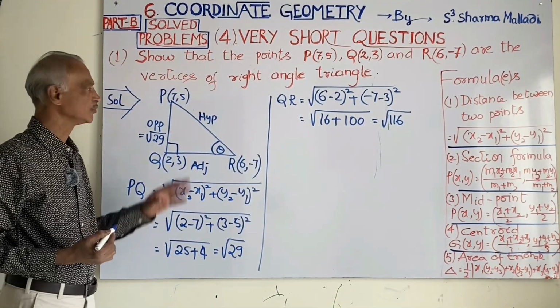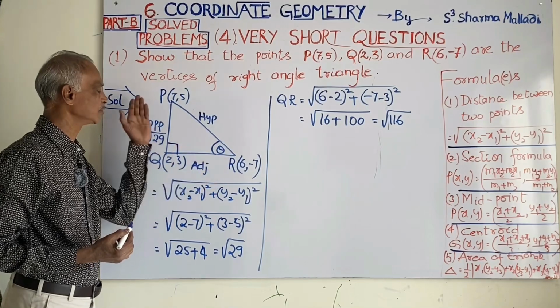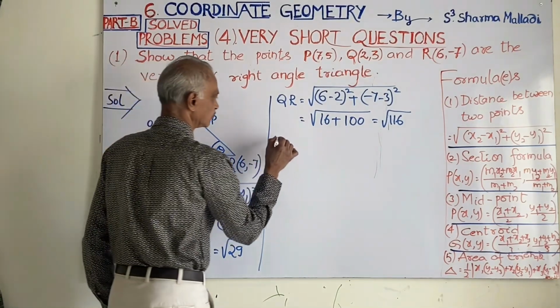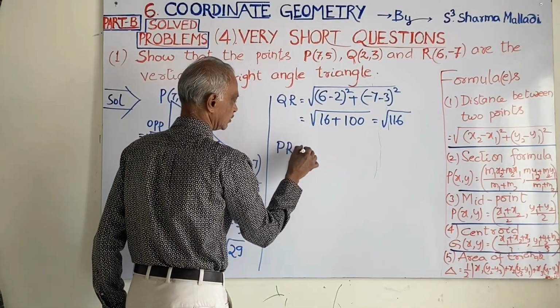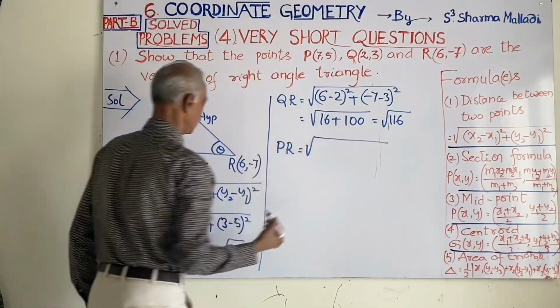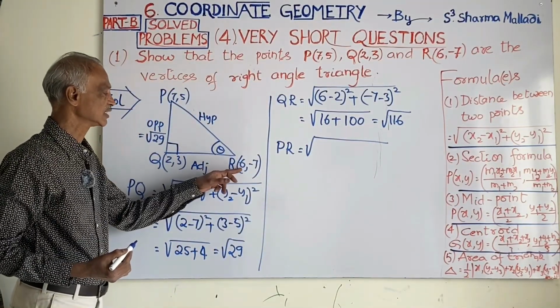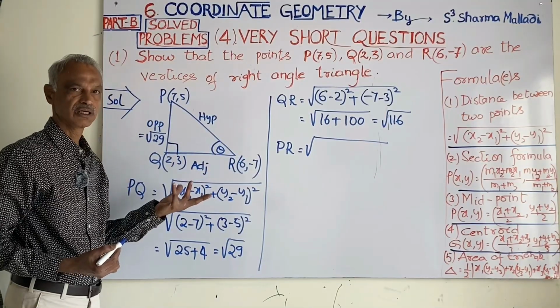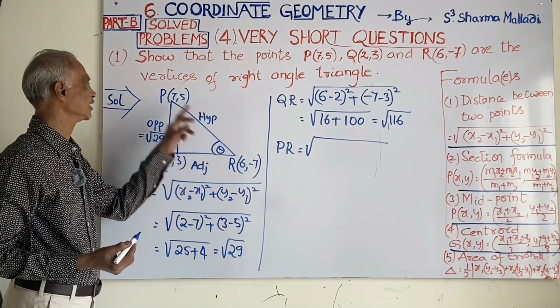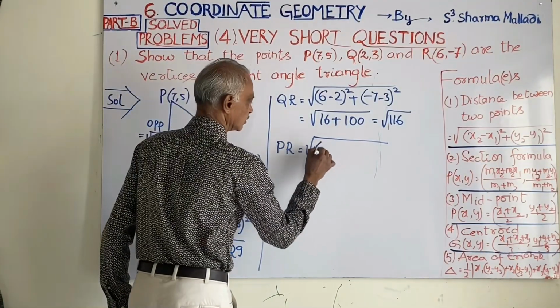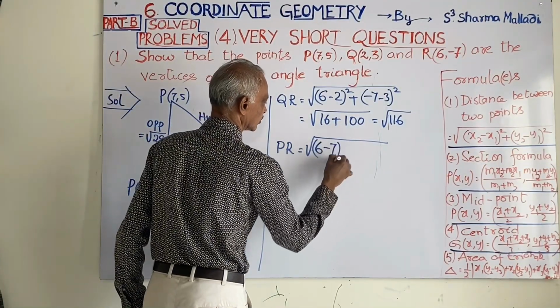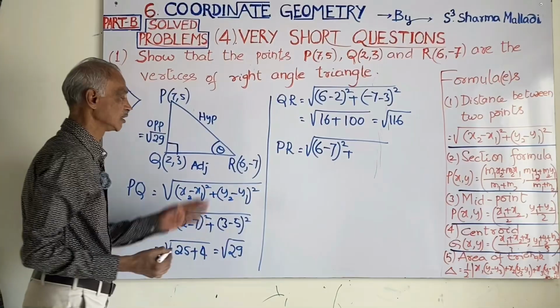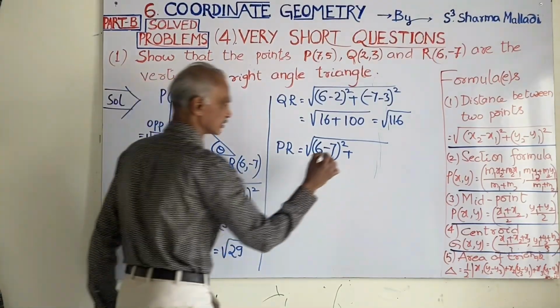Next, now you find PR or RP. PR is equal to square root of (6 minus 7) whole square, or (7 minus 6) whole square, you will get the same thing, plus (minus 7 minus 5) whole square.